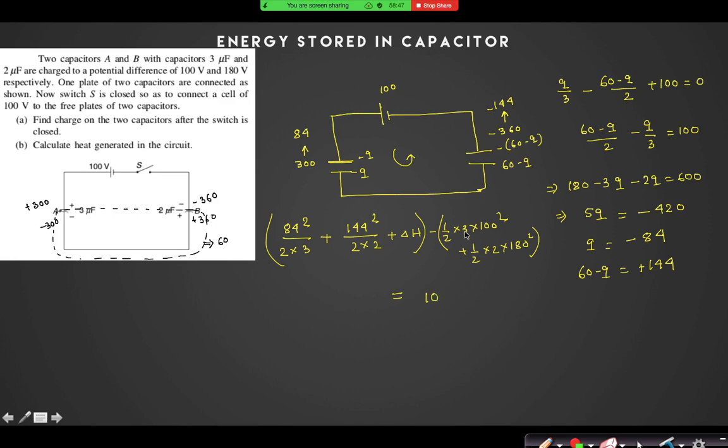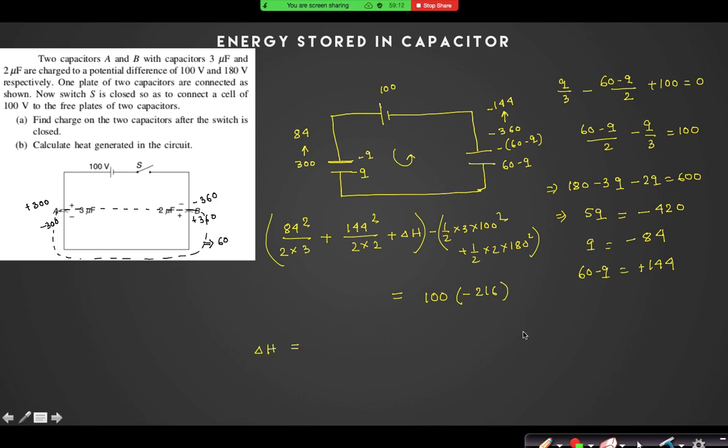So work done by battery, what is the charge sent by the positive terminal of the battery? Initially it was 300, now it is 84. So it is minus charge it has sent, right? So 84 minus 300 is minus 216. This should be the equation from where I will get my delta H, right?